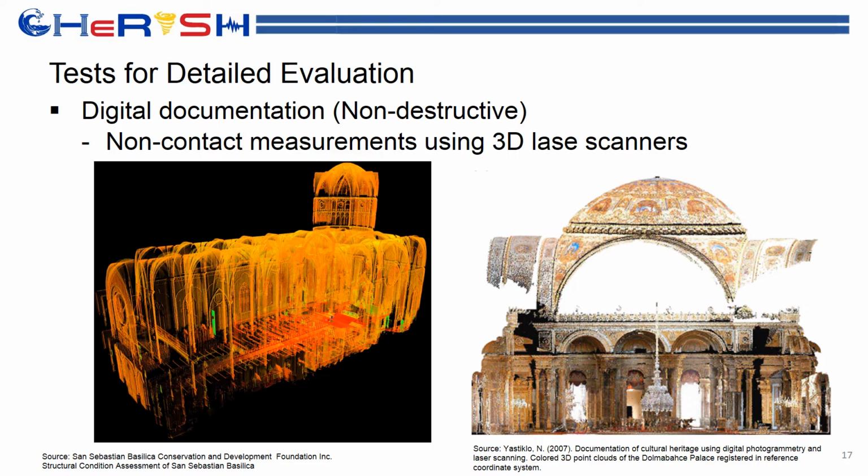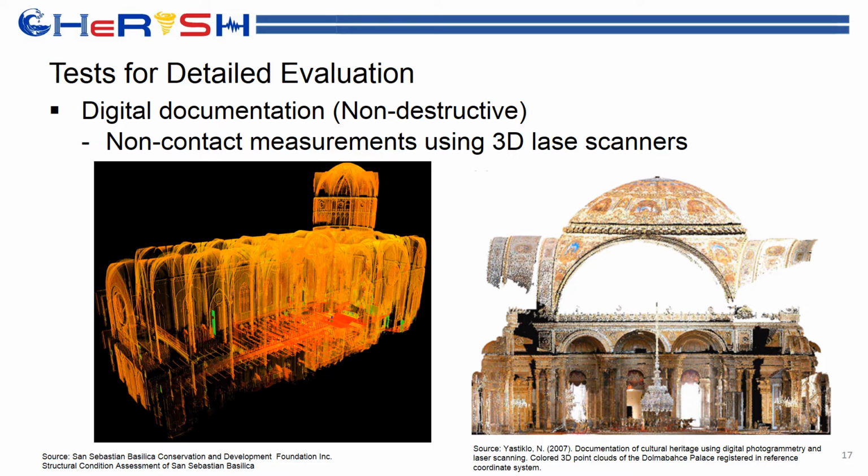Now, there is an advanced way of doing it, and that is through what we call non-contact measurement using 3D laser scanners. And the use of these 3D laser scanners allows us to document in detail the entire structure as a whole. And these are just samples of 3D laser scanning, and this one is the laser scan that was conducted for San Sebastian Basilica, a project that we are currently working on with the San Sebastian Basilica Conservation and Development Foundation.